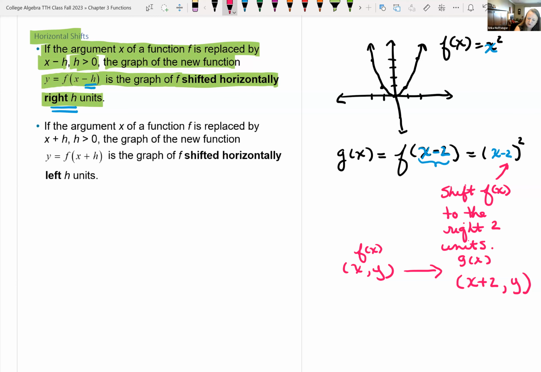So 0 plus 2 is 2. So I have this (0, 0) now becomes (2, 0). My point (1, 1), y is going to stay the same as 1, but I'm going to add 2 to 1, which gives me 3. So now I have a point here at (3, 1).